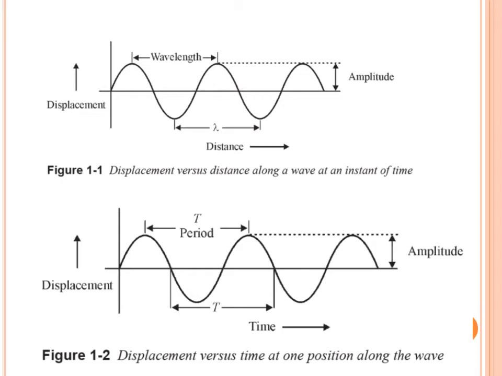If you look at figure 1-1, you'll see it lists displacement versus distance along a wave at an instant in time. And in that, you'll see the displacement is basically the vertical distance measured from the equilibrium position of any point.